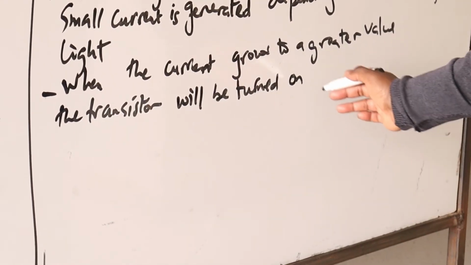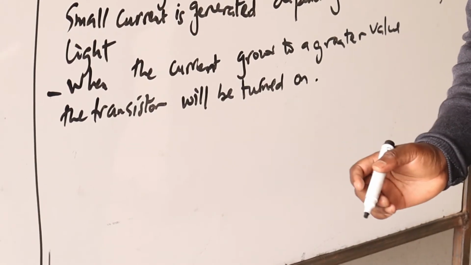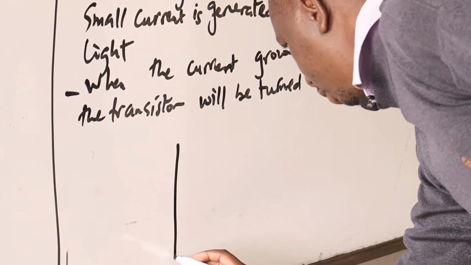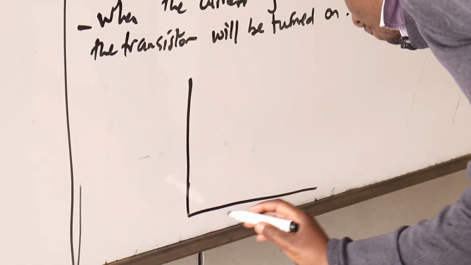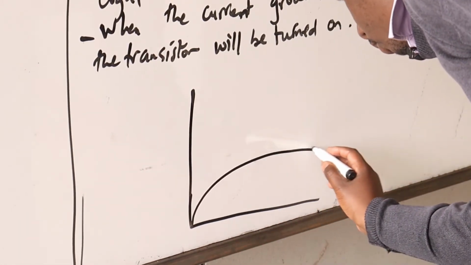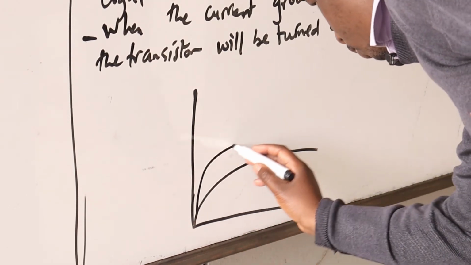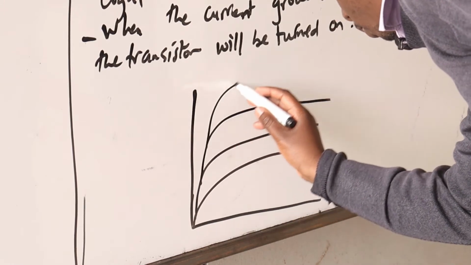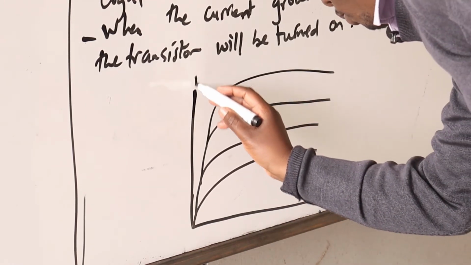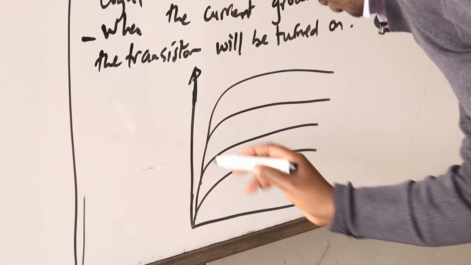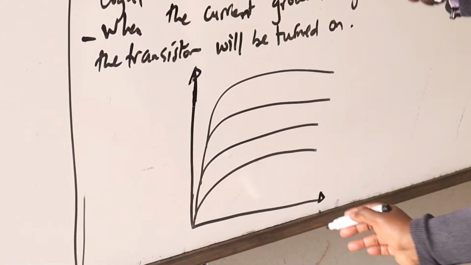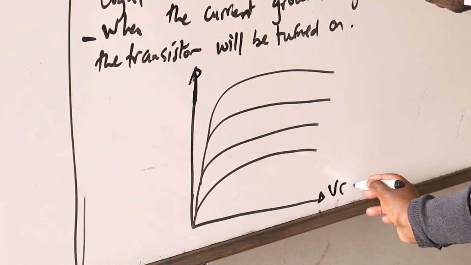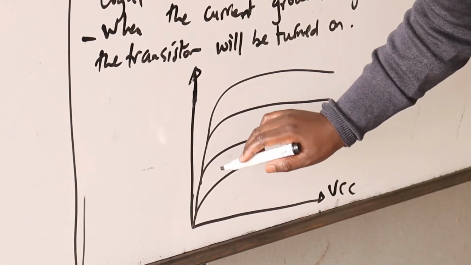So therefore, from this, you can have the characteristic of this. We shall have some characteristics. So this is the lumens, this is VCC, and this is current.